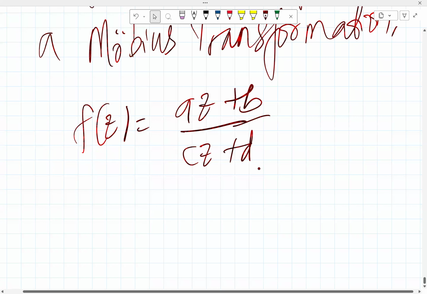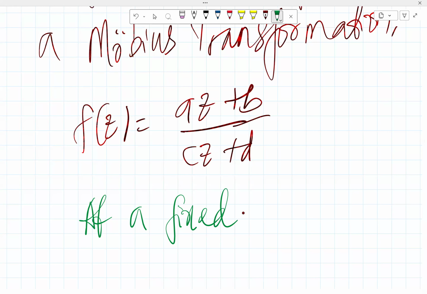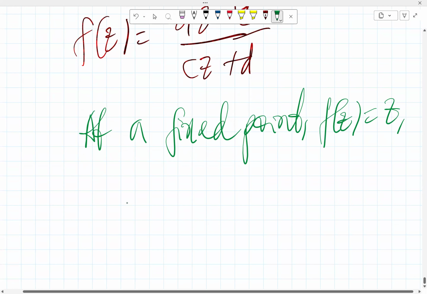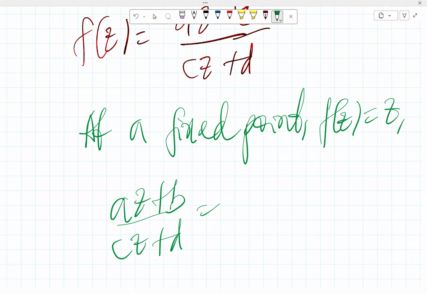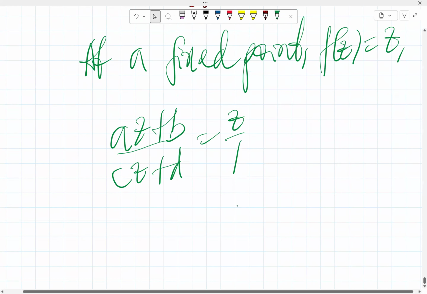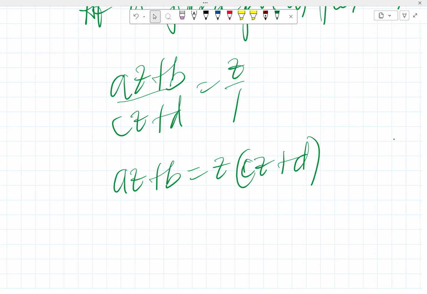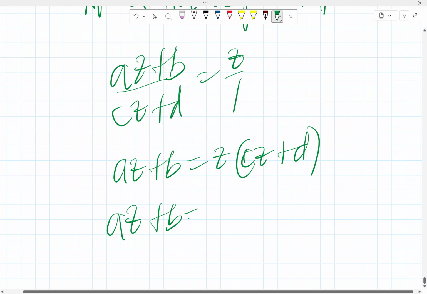It is important to note that at a fixed point, f of z equals z. So what that tells us is that az plus b all over cz plus d is just equal to z. If you say that over 1 and cross multiply, you have az plus b equals z into cz plus d, so that we have az plus b equals cz squared plus dz.